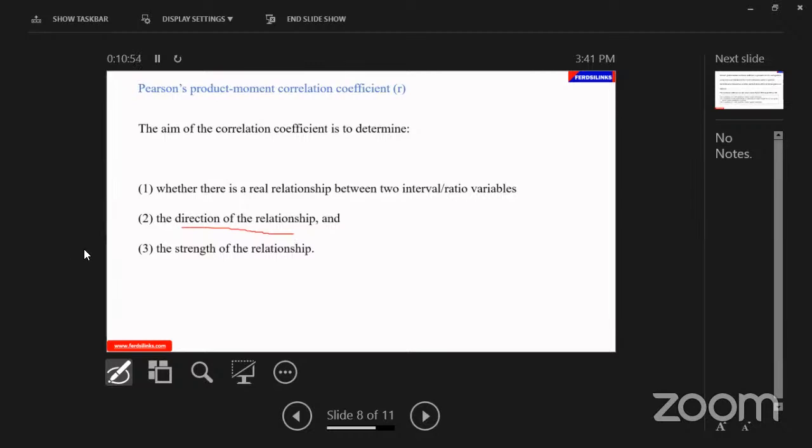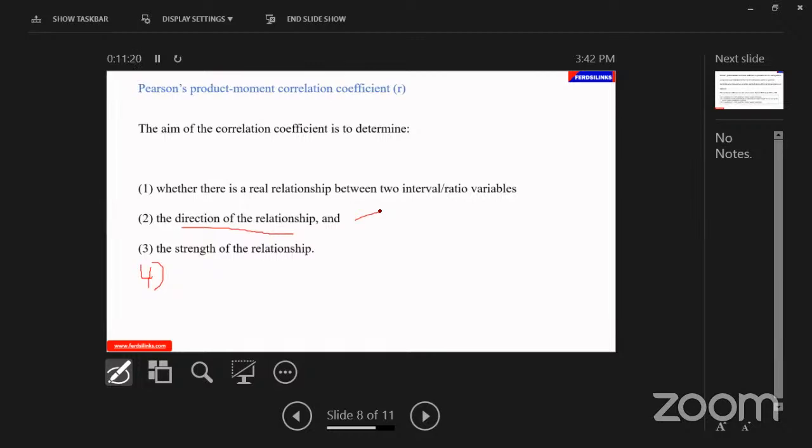The second thing is that we want to establish the direction of the relationship. When we say direction, what are we referring to? Whether it's positive or negative. Like she said, the more you study, the higher the score you can have.